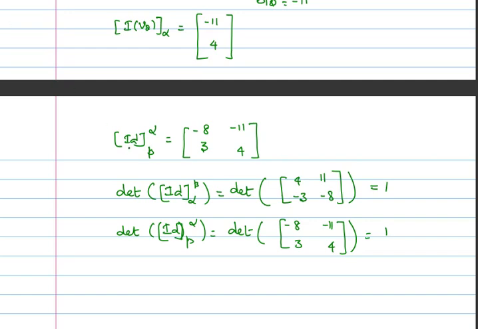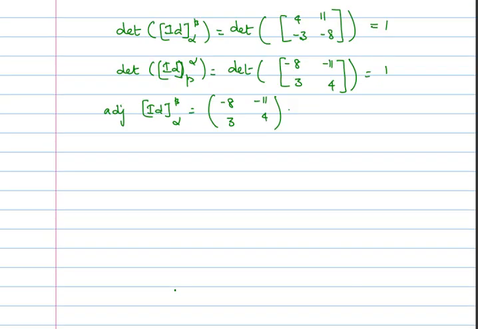Then further, you take the adjoint of I alpha to beta, the classical adjoint matrix. First step you interchange the main diagonal, that is minus 8, 4, then multiply by minus 1 in the other diagonal, minus 11 and 3. So the inverse of I alpha to beta equals 1 over the determinant of I alpha to beta times the adjoint of I alpha to beta.